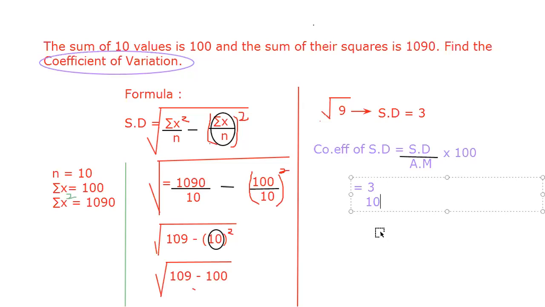So 3 divided by 10, into 100. We can strike this 10, and the remaining left out will be 30. So the coefficient of standard deviation is 30.